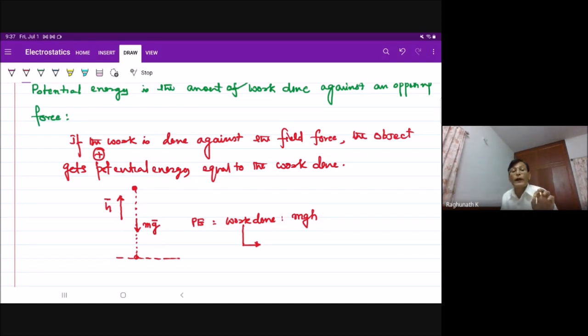It is a dot product, correct? Work is scalar. If it were to be the dot product of mg bar dot h bar, it should have been negative, correct? Right?